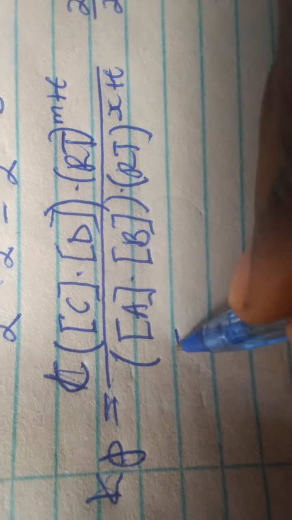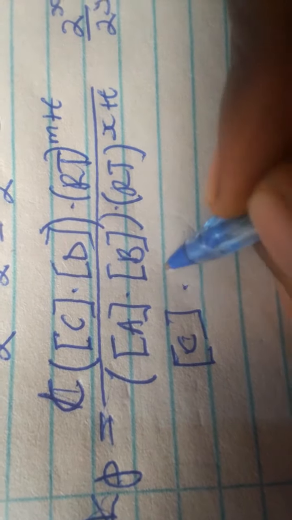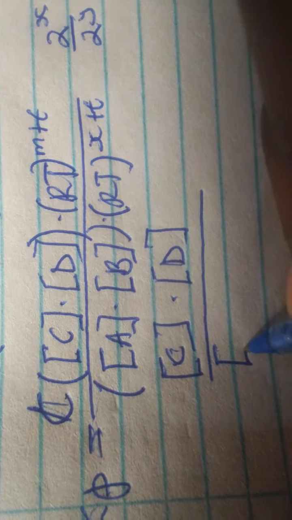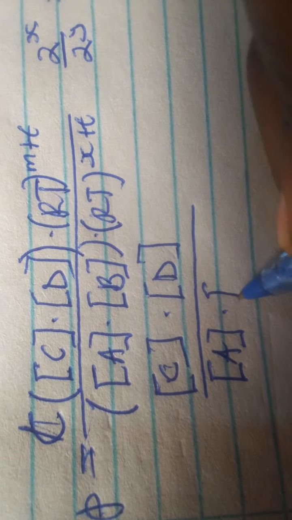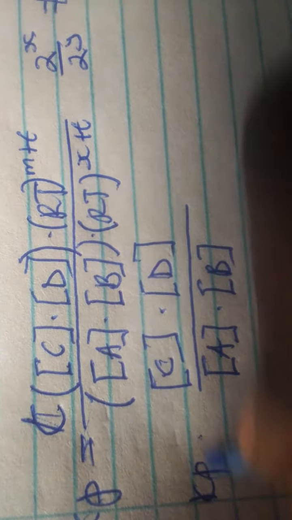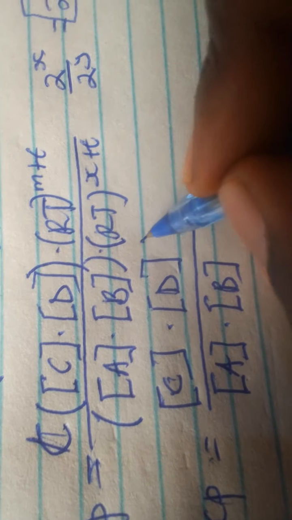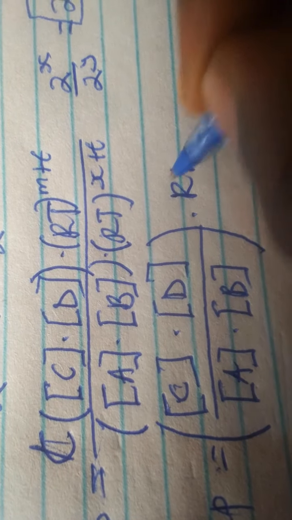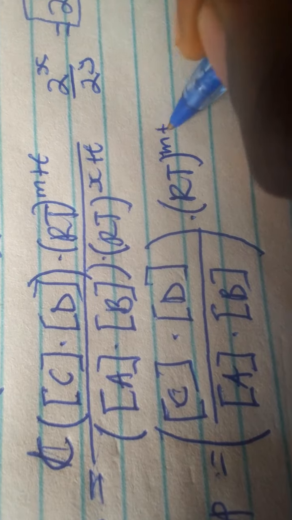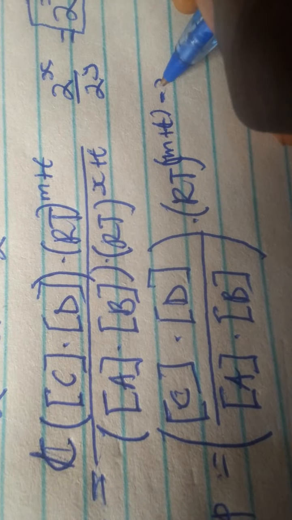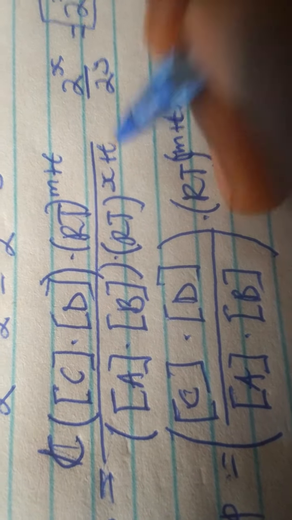So we shall have the concentration of C multiplied by the concentration of D out of the concentration of A multiplied by the concentration of B. Kp is equal to this, the whole of this multiplied by RT power m plus t minus x plus y. Excuse me, this is y.